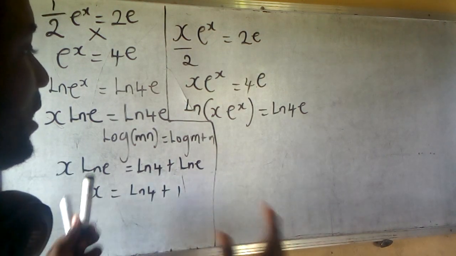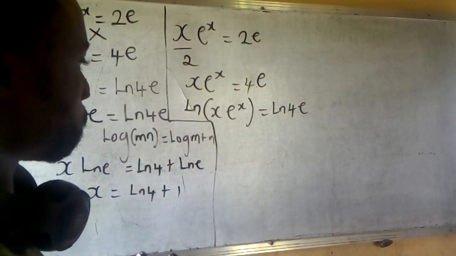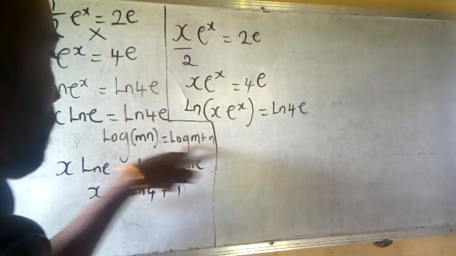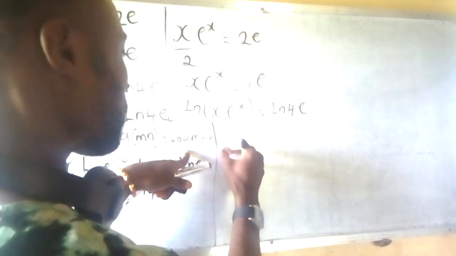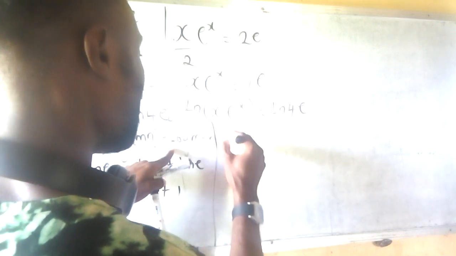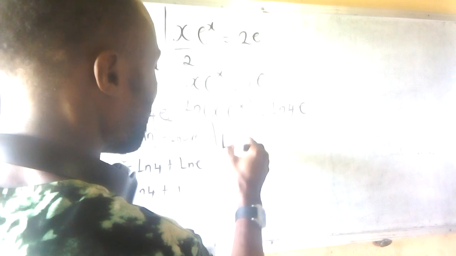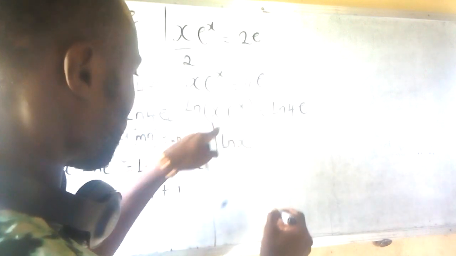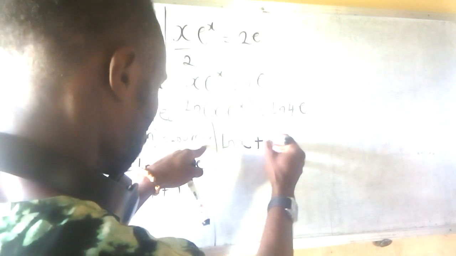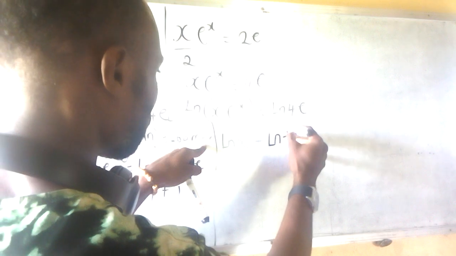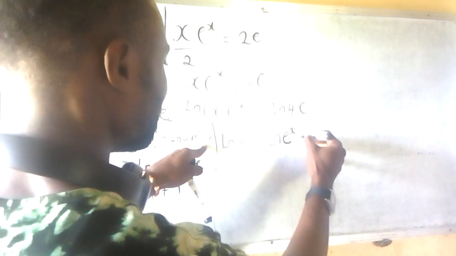Then here becomes, let me use the product rule in logarithm here. Here becomes ln of x, using the product rule now, plus ln of exponential x is equal to ln of 4 plus 1.